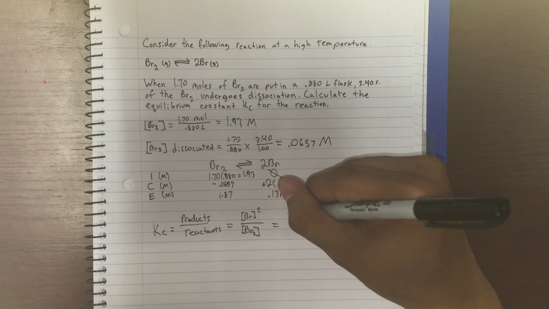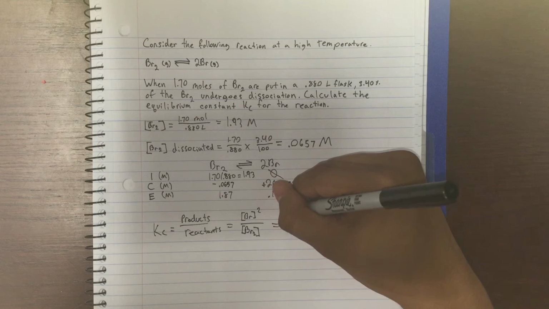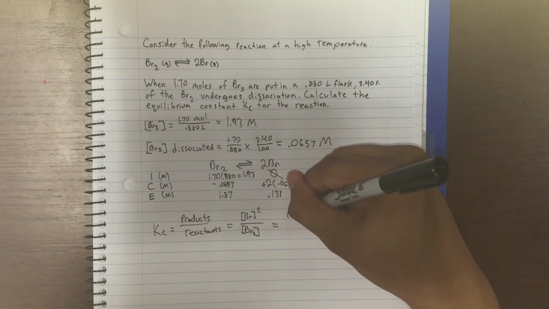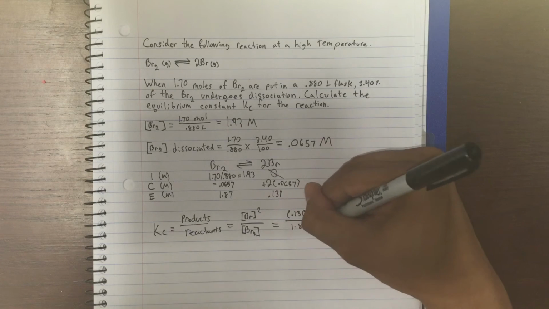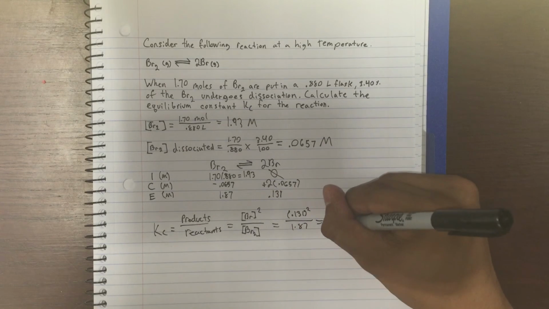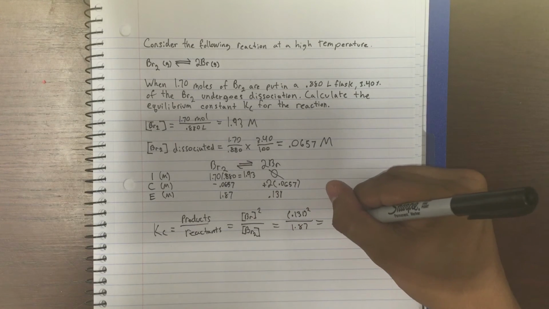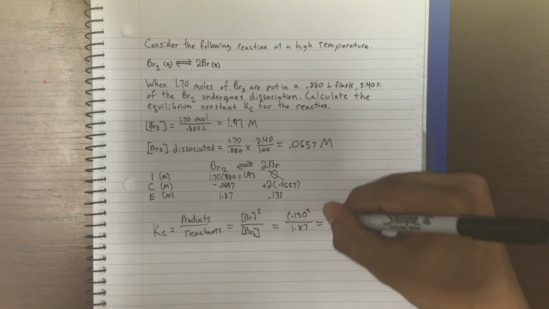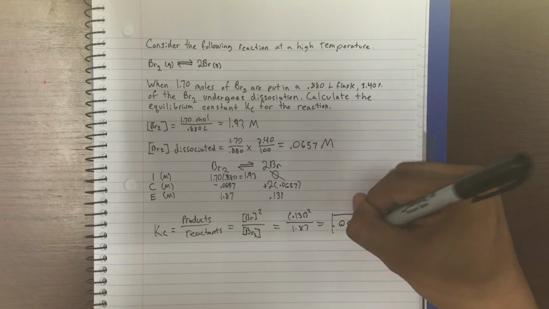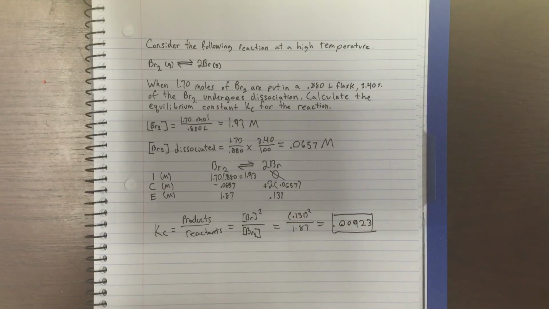So let's plug in those numbers: 0.131 squared over 1.87, and our final Kc will be 0.00923. And that's how you get your Kc.